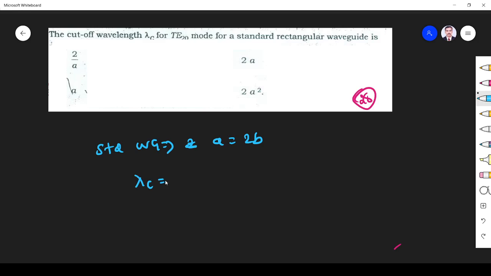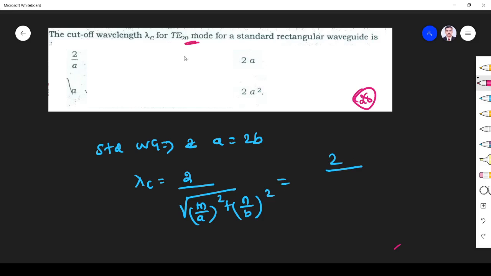The cutoff wavelength we know already: it is 2 by root of (m by a) whole square plus (n by b) whole square. Here m is equal to 2, n is equal to 0, and a is equal to 2b.